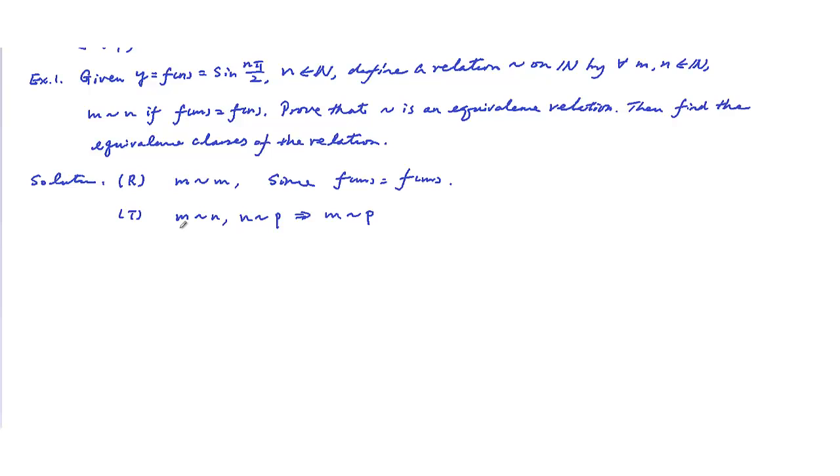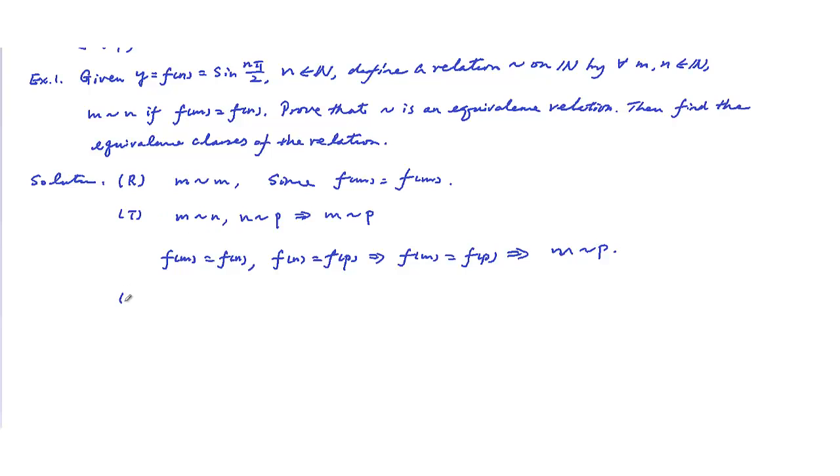Well, when m is related to n, that means f(m) = f(n). And when n is related to p, that means f(n) = f(p), according to our definition here. So now, by equality, we have f(m) = f(p). This means m is related to p.